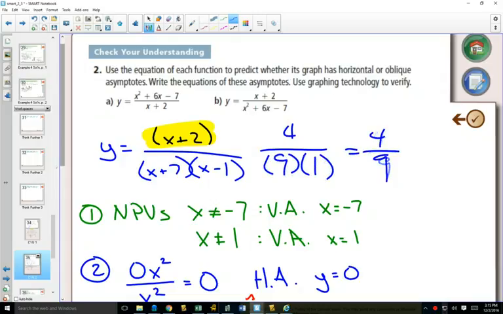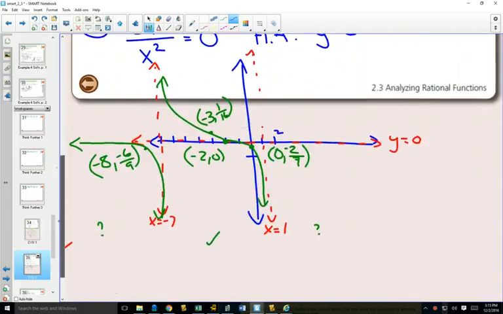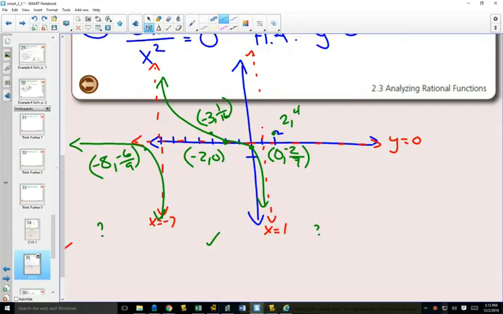And so down here, I have the point 2 comma 4 over 9. And so in that section, it has to look like this.